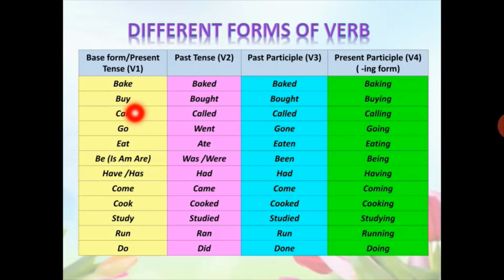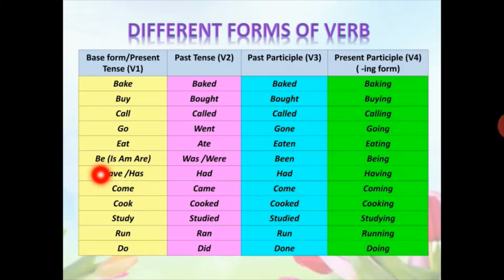Buy, bought, buying. The base form or present form of verb is call. Past form called, past participle called, and ing form is calling. Go, went, gone, and going. Eat, ate, eaten, and eating.